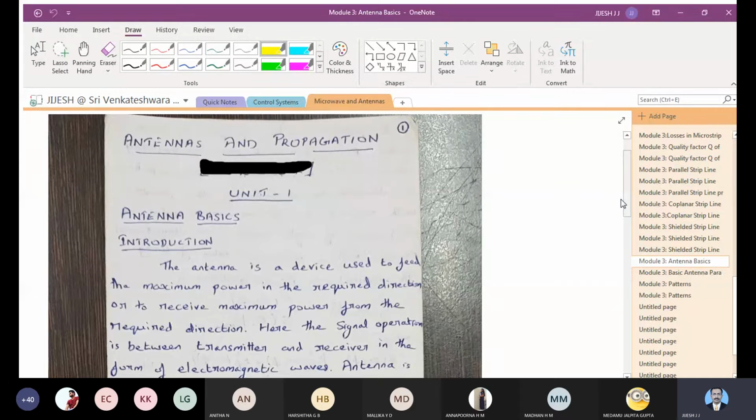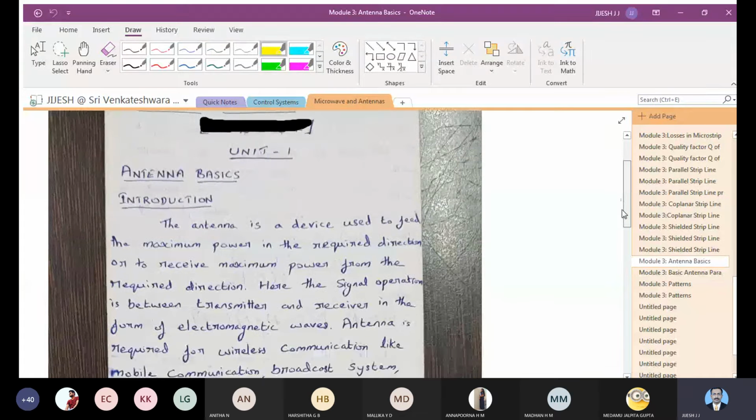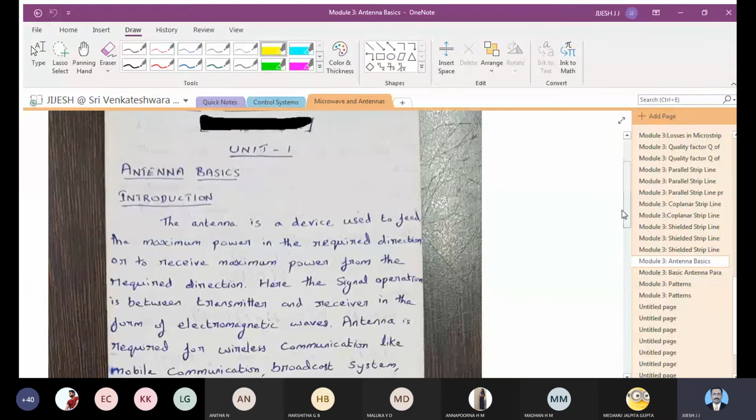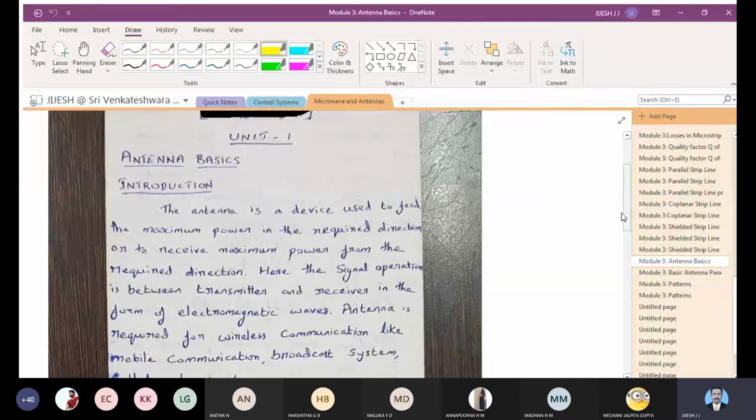So you have studied all these things, Maxwell's equations and all those parameters. It is very important for you to understand those basics, as they may be required to go ahead with this. This is a very easy part of the module.